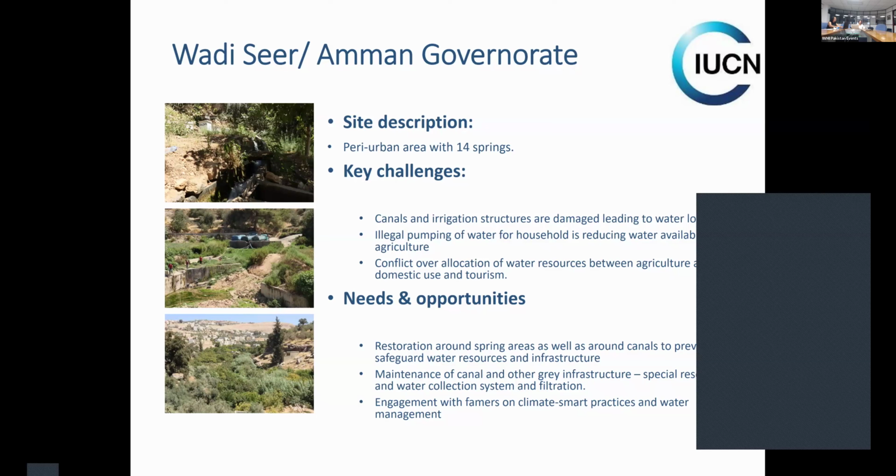Maintenance of irrigation canals and other gray infrastructure, especially reservoirs, water collection systems and filtration, and engagement with farmers on climate smart practices and water management. Engaging the local community is the most important process in our work with the local community and the farmers in this project locality.